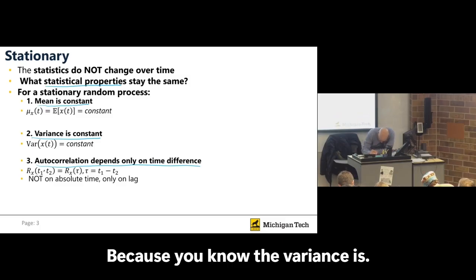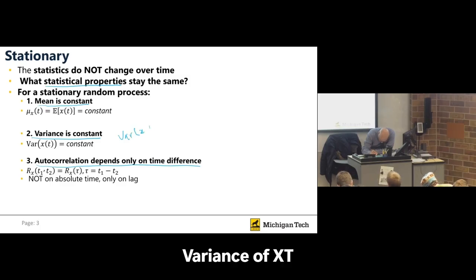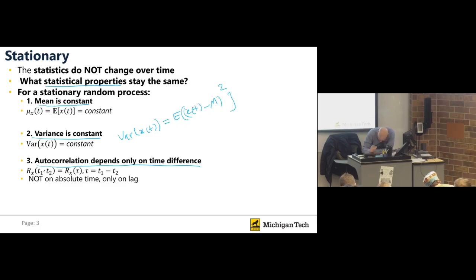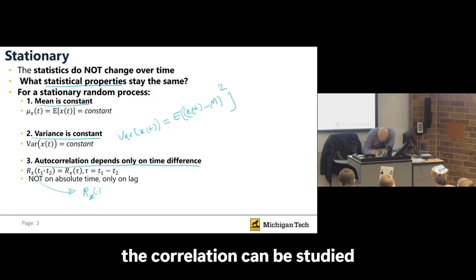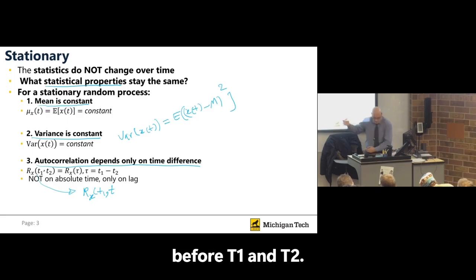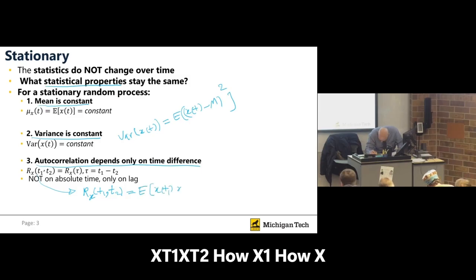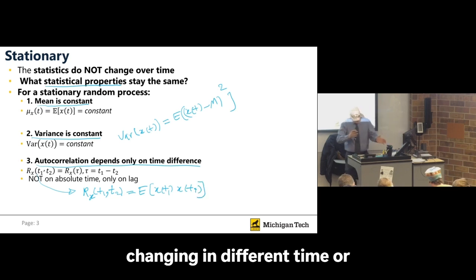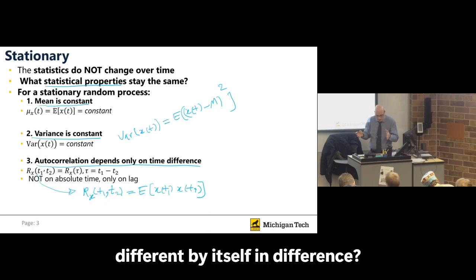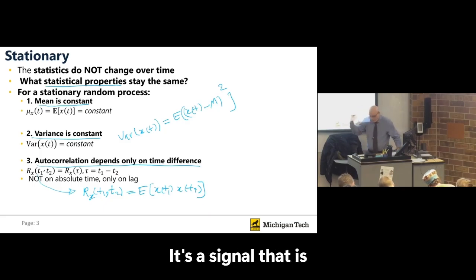Because the variance of x_t is equal to the expected value of (x_t minus mu) squared, and autocorrelation, which can be studied for t1 and t2, is equal to the expected value of x_t1 times x_t2. How is x changing or varying at different times, or differing from itself at different times?